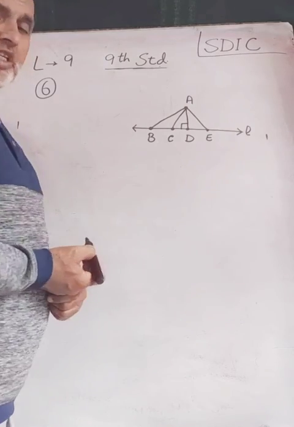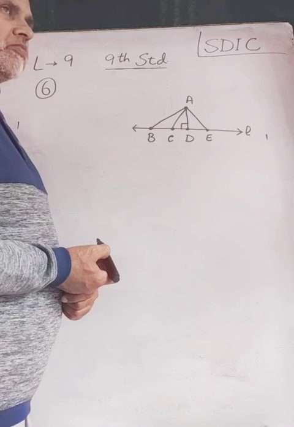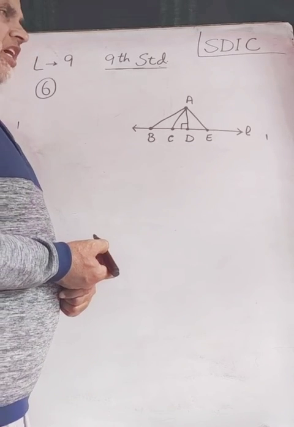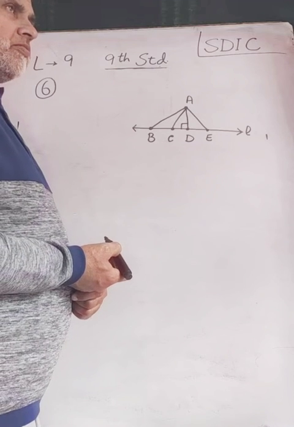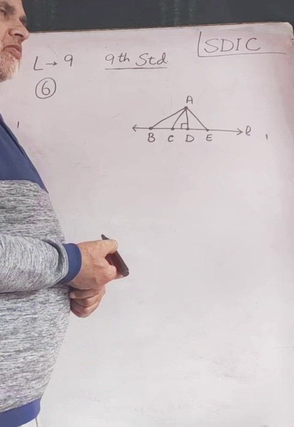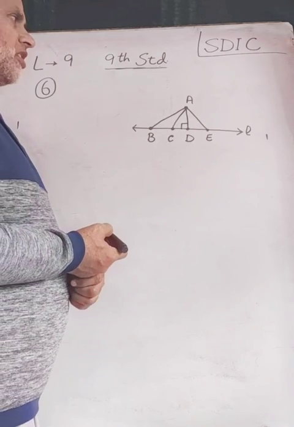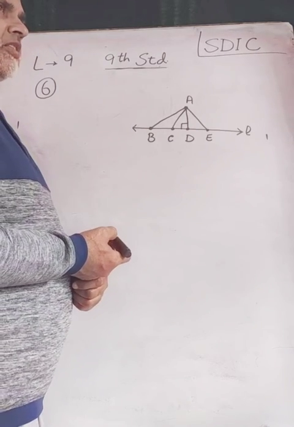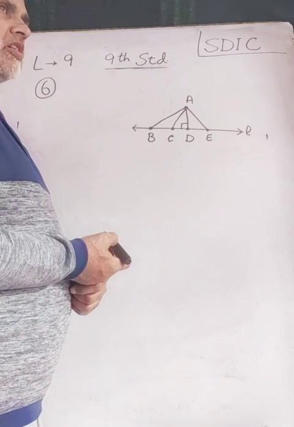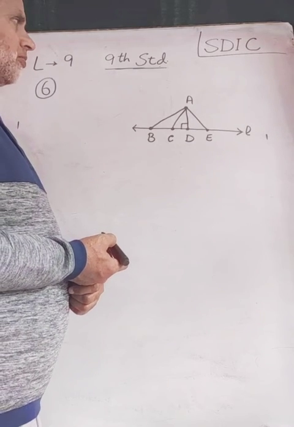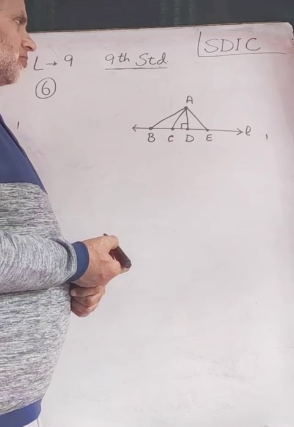Now quickly I shall tell you the given and to prove of this. You write given: a line L and a point A, in brackets, not on L. After A, you write not on L. Full stop.